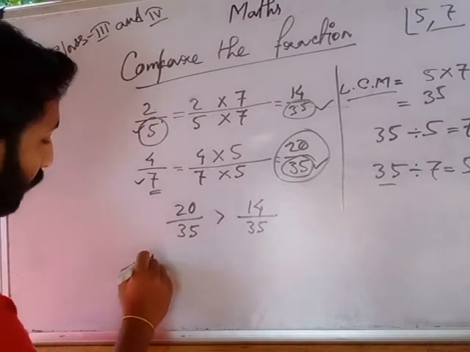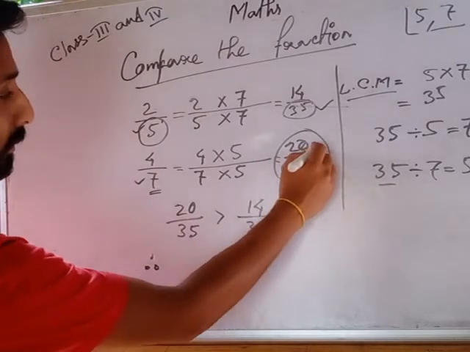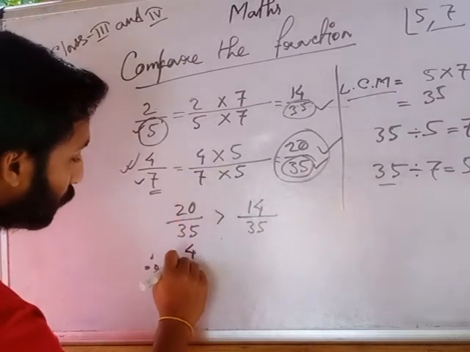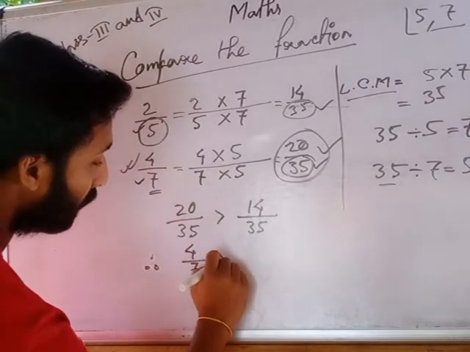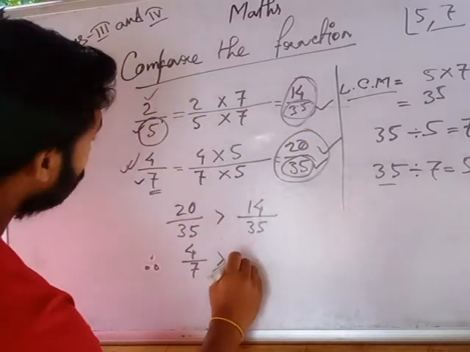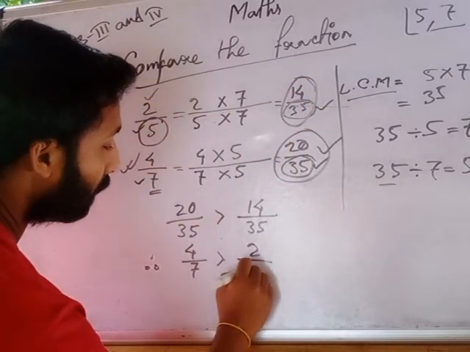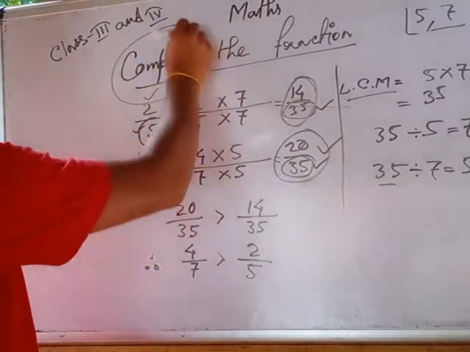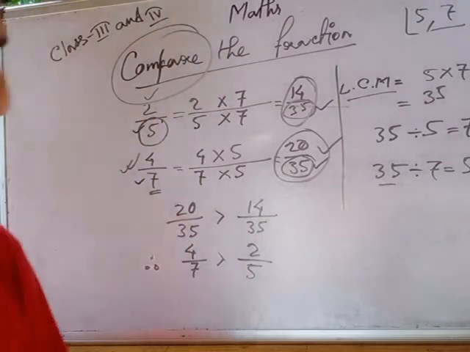After that I write the fractions they are equivalent to: 4 by 7 is greater than 2 by 5. This is called the comparison of fractions.